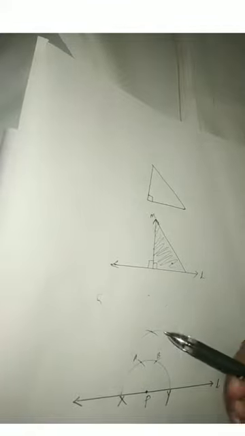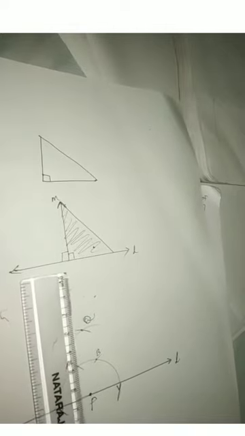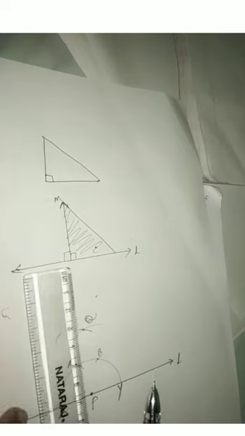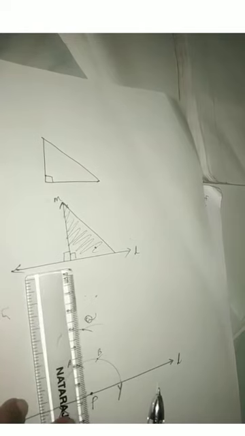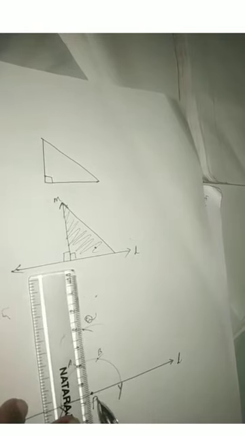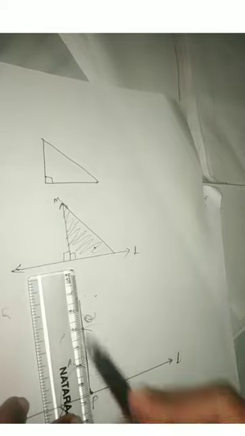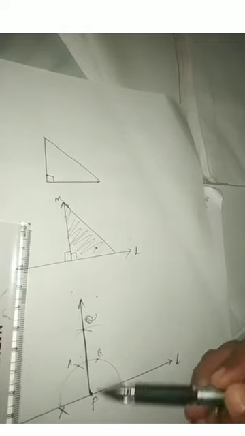We can name this joining point as Q. After that, draw a ray to P. Got it? This ray PQ is perpendicular to line L.